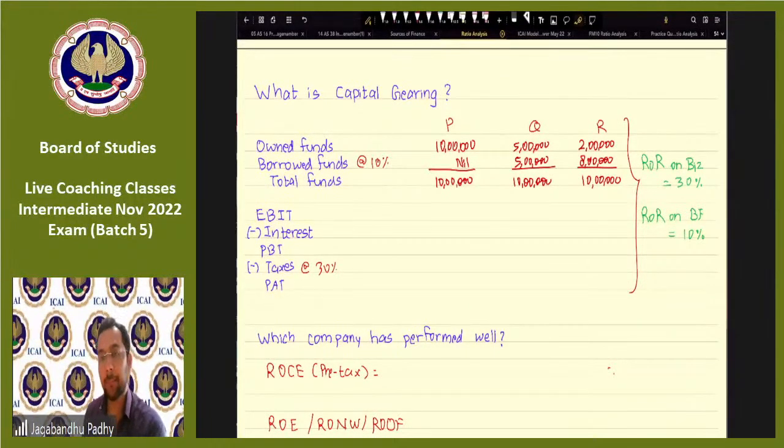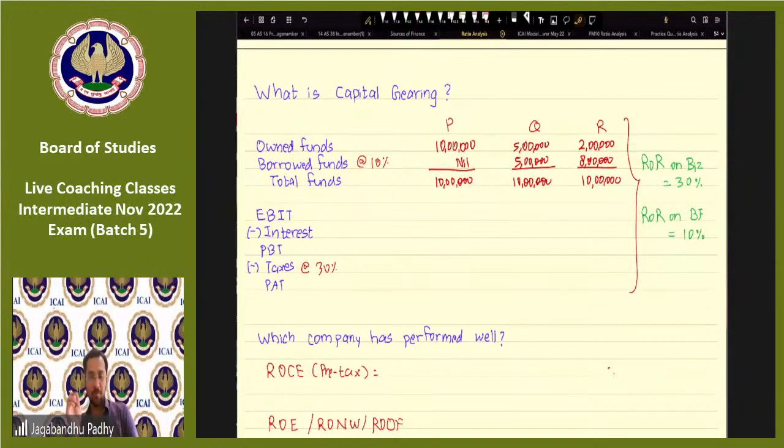Now tell me, will the company's EBIT differ according to how the companies have raised the funds? Do you mean to say that a company having only equity share capital will have a different EBIT from a company having equity and debt?